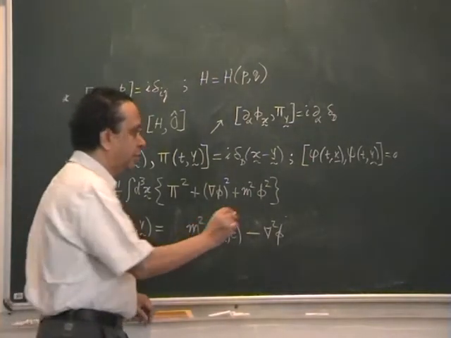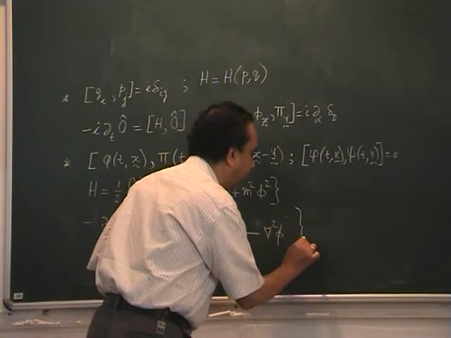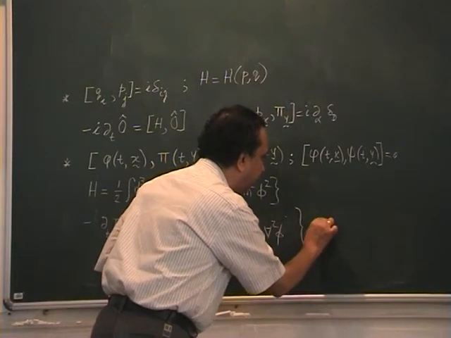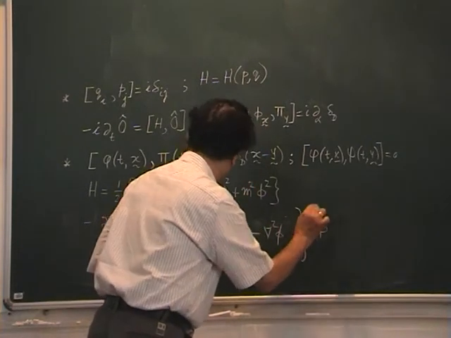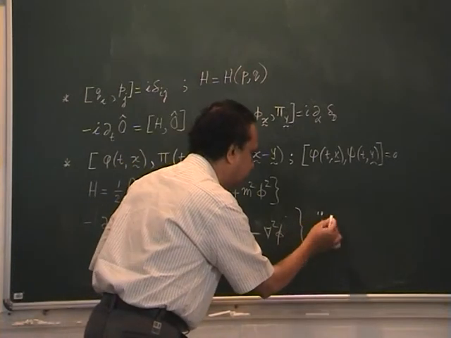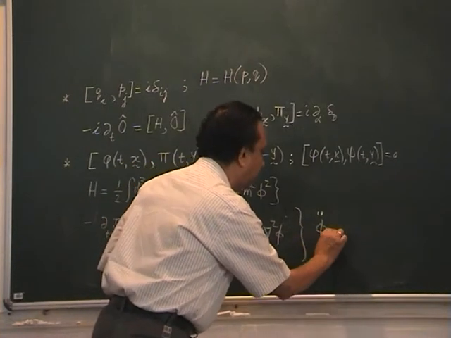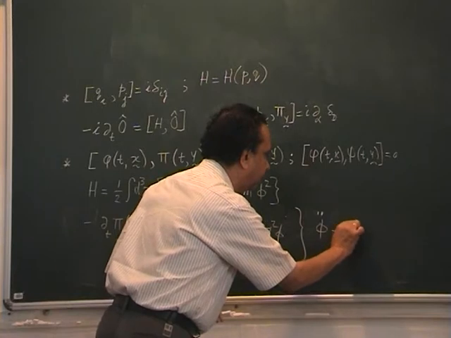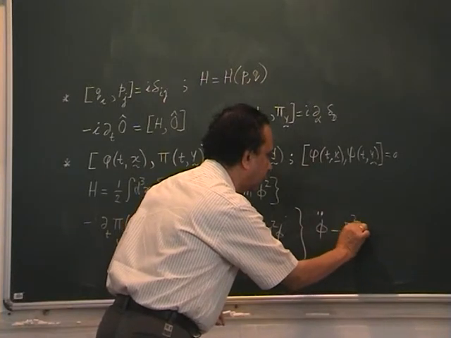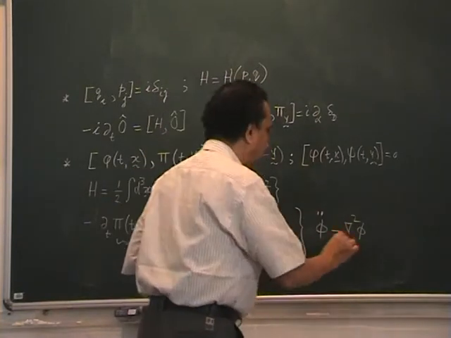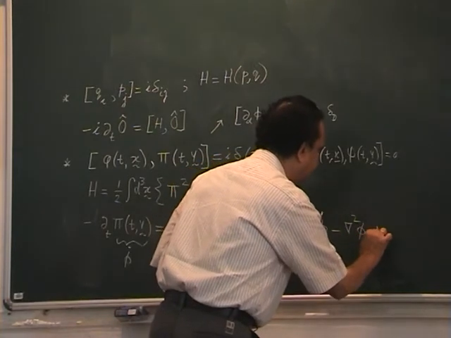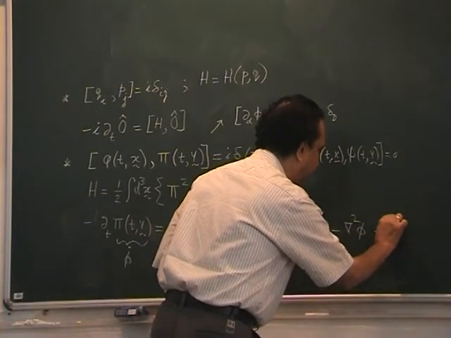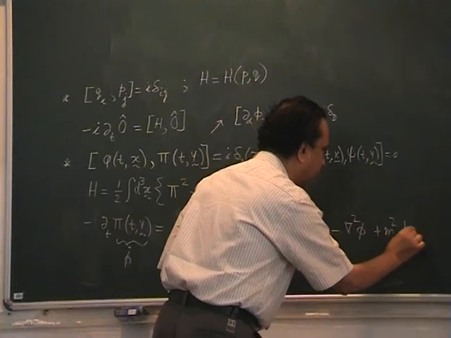So the entire equation should read as phi double dot minus del square phi plus m square phi is equal to 0.